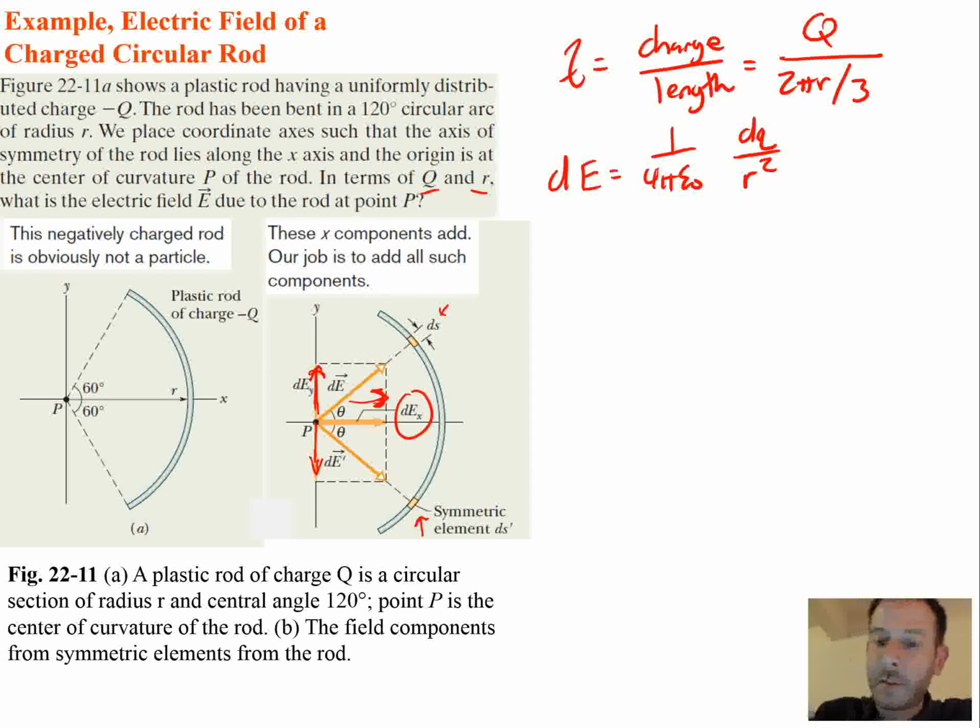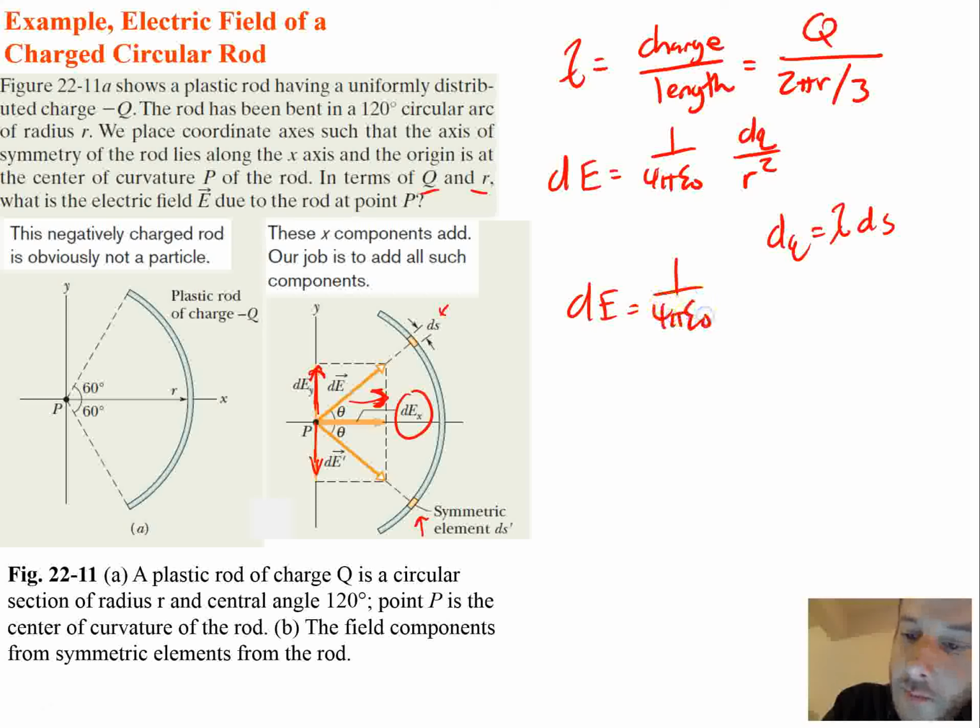Another important relationship that we need to consider is that dq is going to be our charge density times ds. So we can just go ahead and plug that into the equation. We get dE is equal to 1 over 4 pi epsilon naught times lambda ds over r squared.